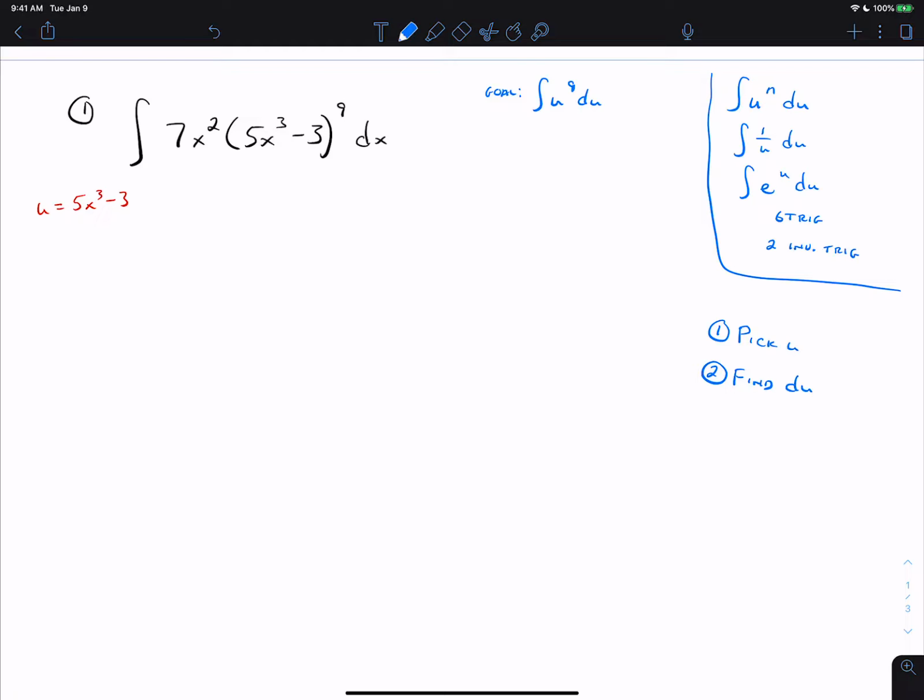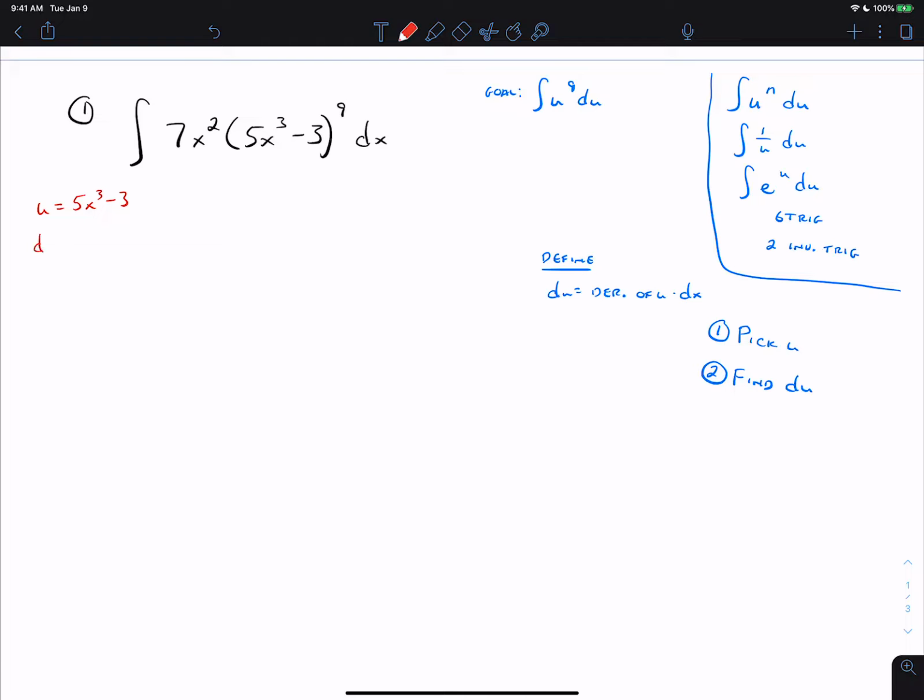And you find du based on what you chose for u, not necessarily based on what's in the problem. So we define du to equal the derivative of u times dx.